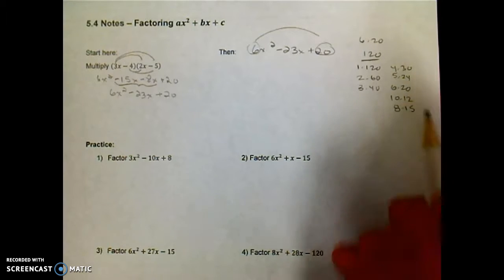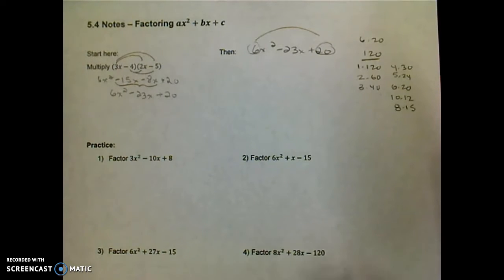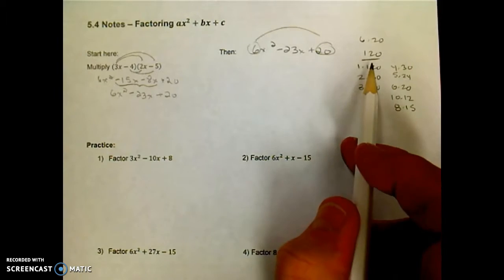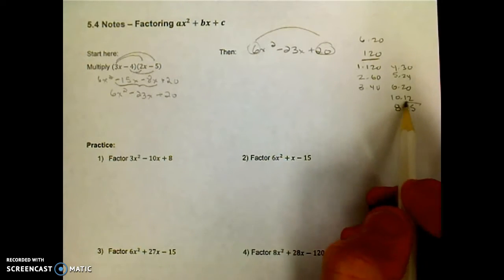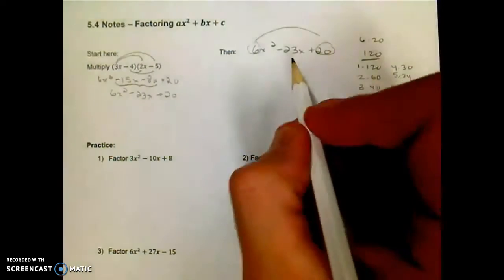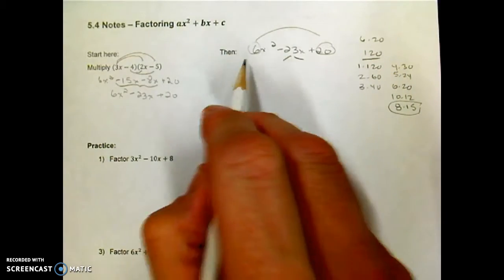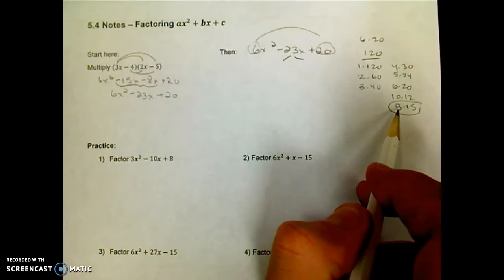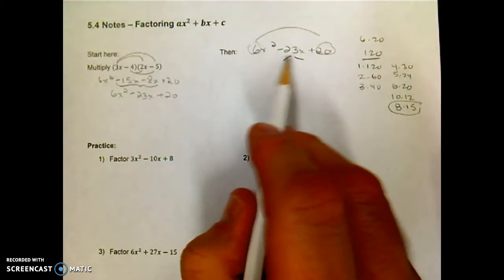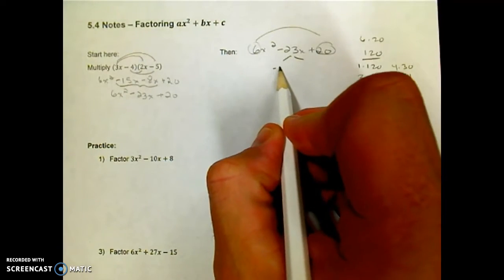Let's make sure we have 8 and 15 in there as well. So now I need two factors of 120 that add up to 23, and I can see that that's 8 and 15. So I'm going to rewrite this expression with negative 8x minus 15x, replacing the negative 23x.